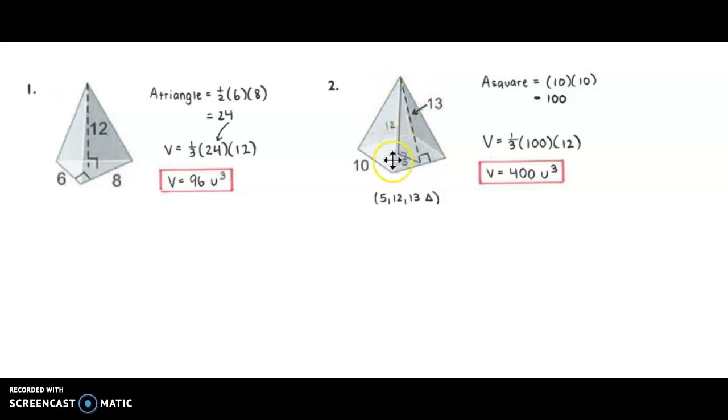So we're going to use Pythagorean theorem, or if you recognize this is a 5, 12, 13 Pythagorean triple, okay? And so the height is 12, all right? So again, got to be able to discern these objects here. So yeah.